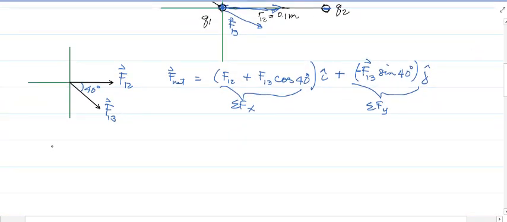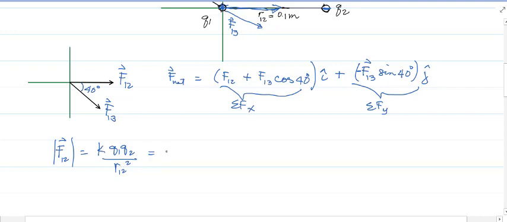So by definition, Coulomb's law, the magnitude of F12 is equal to K, the interacting charges 1 and 2, over the square of the distance between these charges.